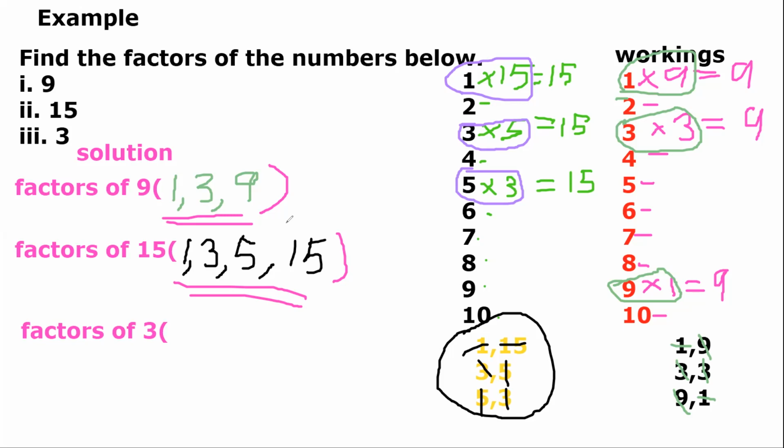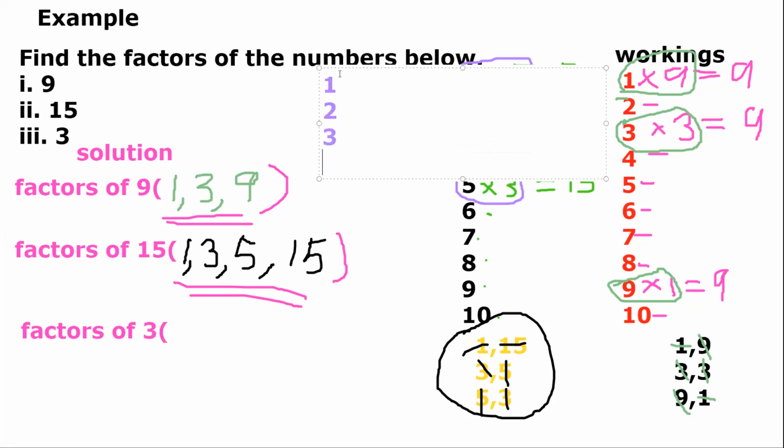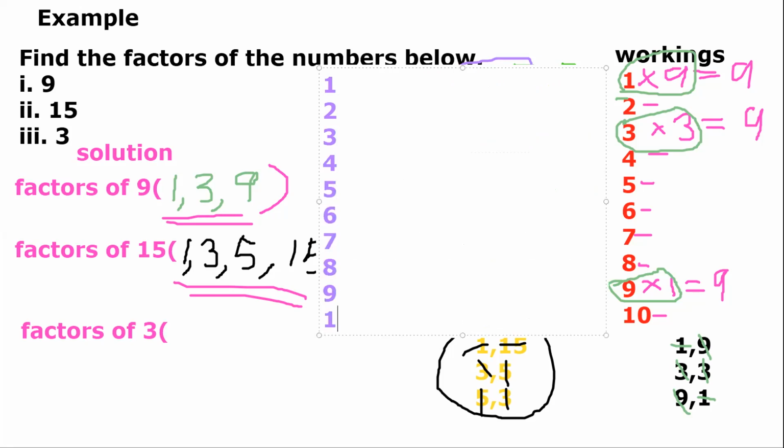Okay, so let's see the last one here, the factors of 3, numbers that can divide 3 equally. You list your numbers 1 to 10: 1, 2, 3, 4, 5, 6, 7, 8, 9, 10. Good.